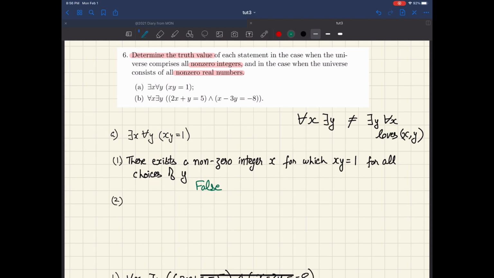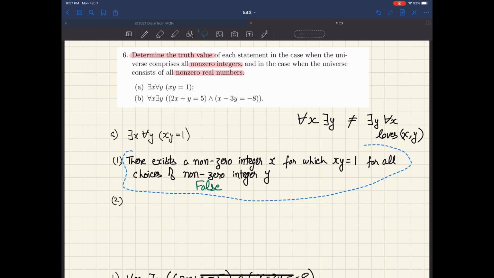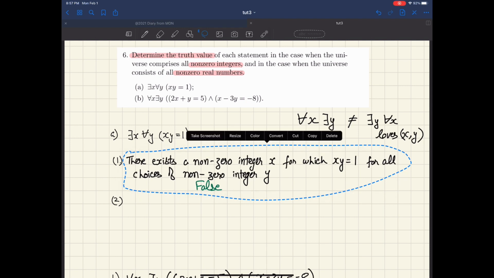And here we were talking about integers. The next part would be for real numbers, but again, the answers are still the same. So even if you have integers or real numbers, in this particular case, it still has a unique solution for every x.